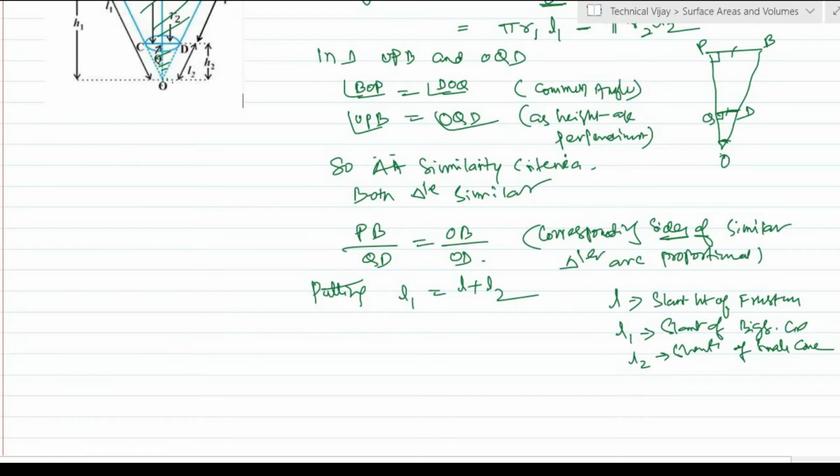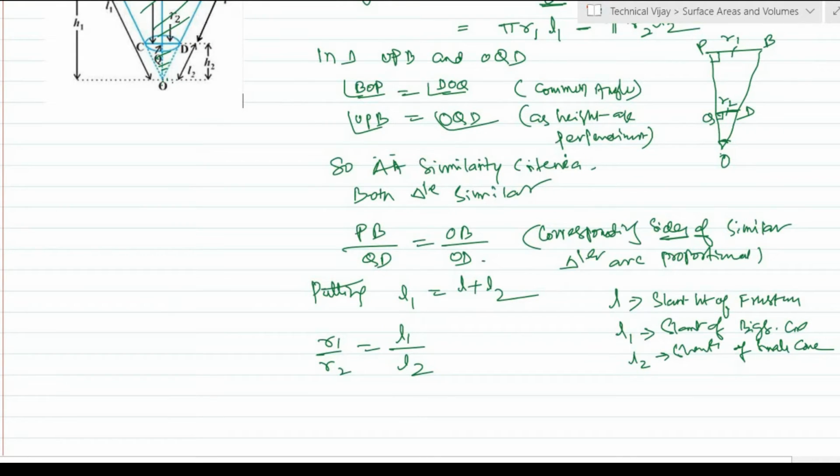Now PB by QD is nothing but R1 by R2. So R1 by R2 is equal to L1 by L2, where L1 is the slant height of the bigger cone divided by L2, the smaller cone.